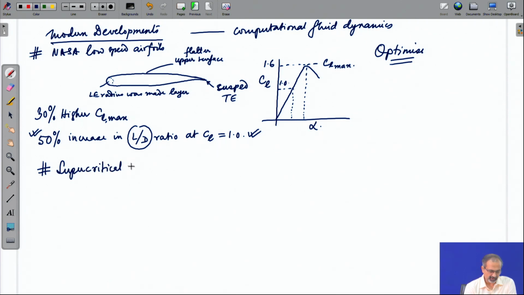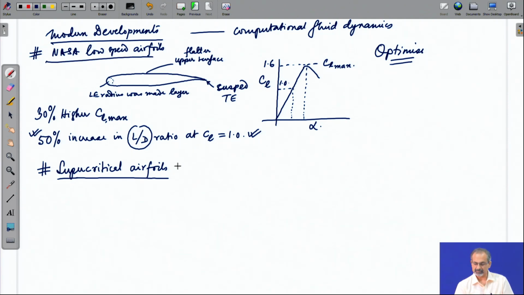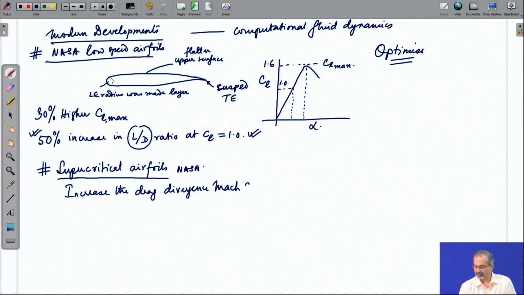High speed airfoils have also been developed in the past several decades, and a very important development came through the so called supercritical airfoils. Again, many of them developed by NASA, and they are meant for increasing the drag divergence Mach number. This is something that we will learn later when we look at high speed aerodynamics.